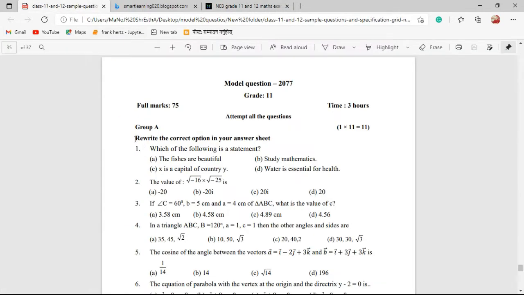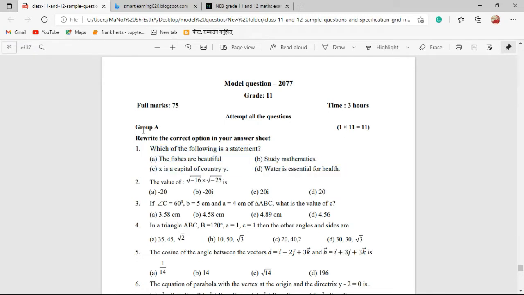In group A, question number 1 says, which of the following is a statement? You must have learned about logic in mathematics, and in the logic topic you will find this type of question.